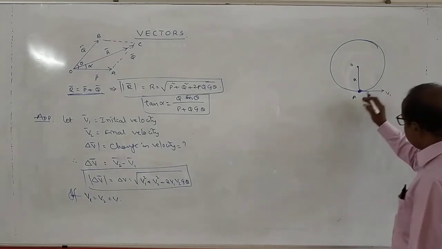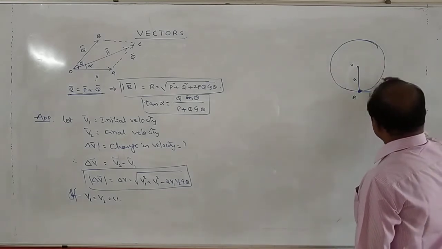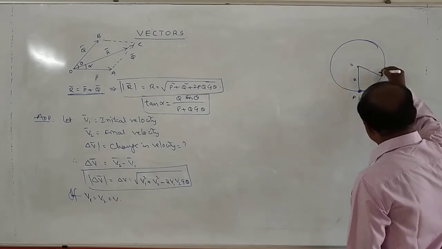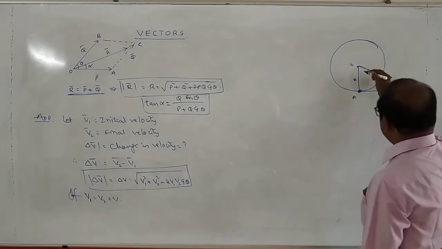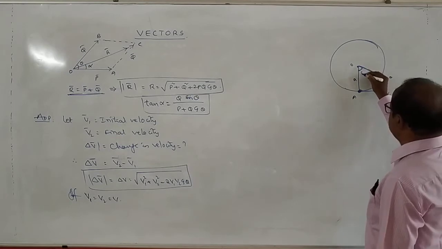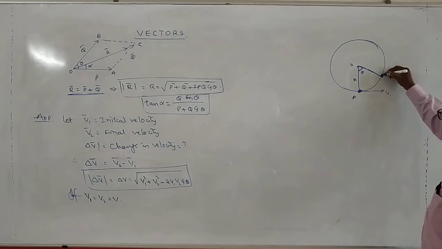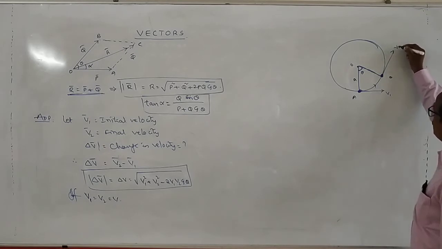After a certain instant, the body moves from A to another point B, where in this time interval the angle made by the radius vector at the center is equal to theta. Here the velocity of the particle at this point is also along the tangent drawn at this point, which is equal to v2.